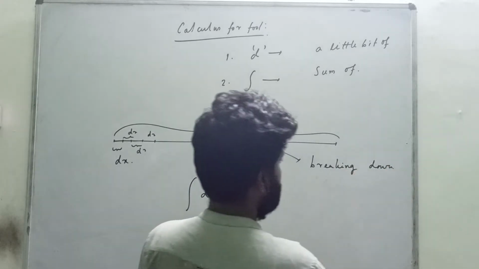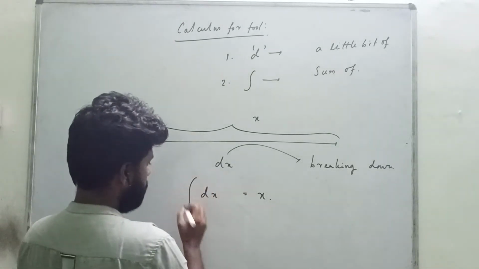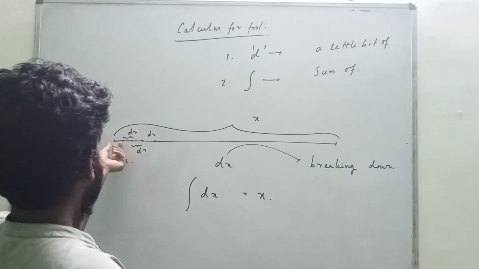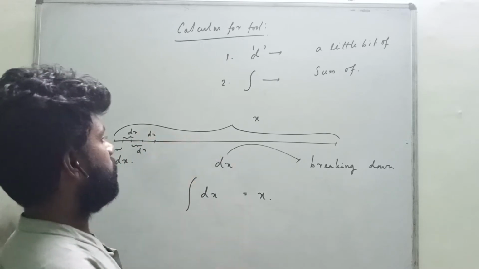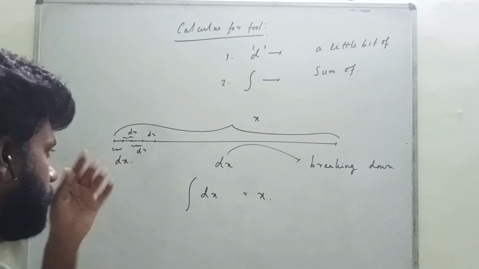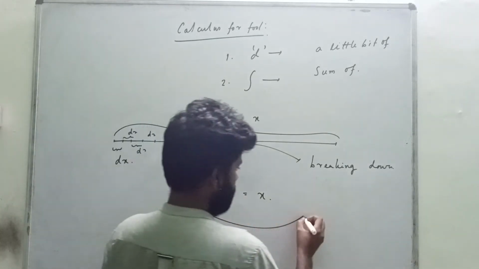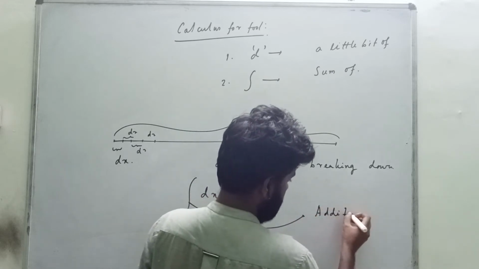And the symbol sum of means that if you add these small parts one by one, you will get the full length of this straight line. It is an addition.